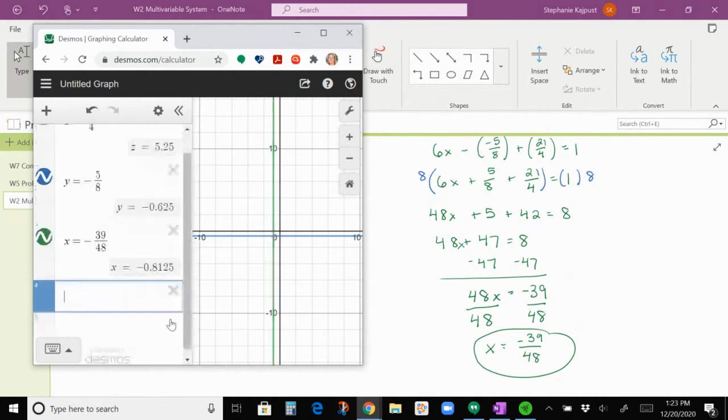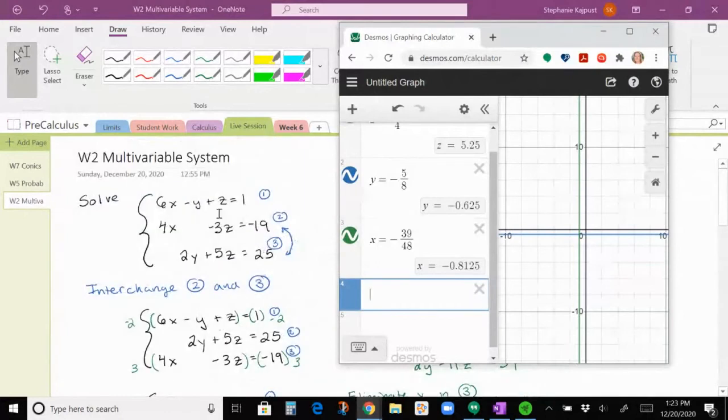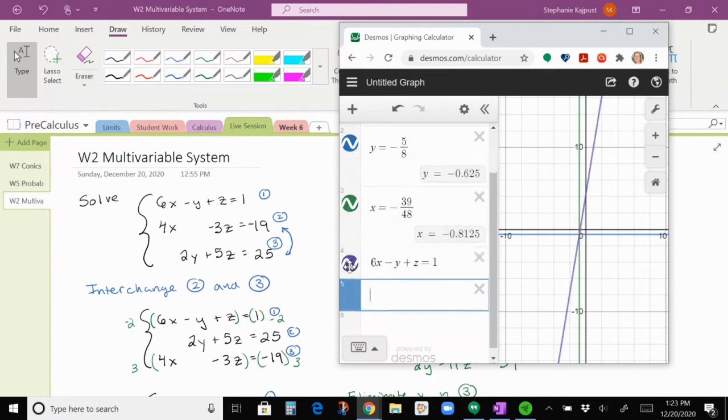So now to check those answers, I'm going to enter in the actual system that I started with, because you don't want to use the system after you started moving things around, since you may have made a mistake in those steps. Oh, it's trying to graph.